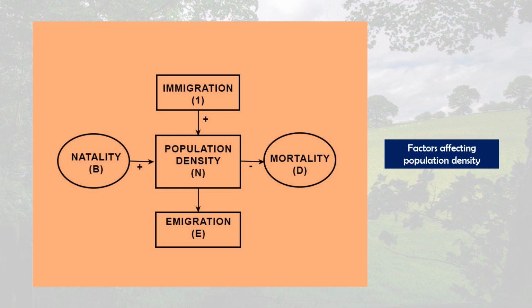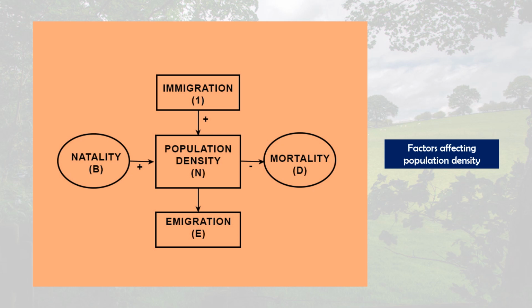Now, there are some factors that affect the population density: immigration, emigration, natality and mortality. These are the main factors. Natality and immigration contribute to positive population density, and emigration and mortality give negative population density. Natality means birth of new individuals and immigration means migration of new individuals from another area into the considered area.